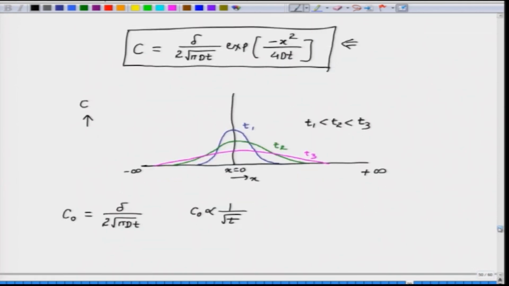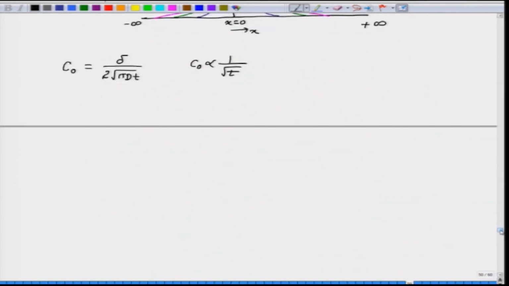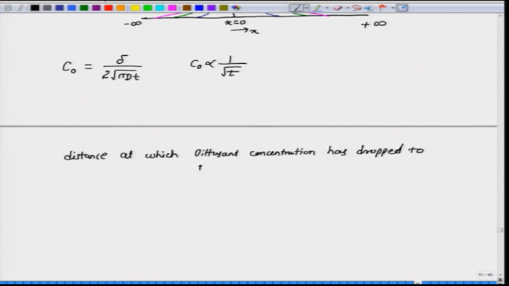Also, if we try to find the distance at which diffusant concentration has dropped to 1 by e times the peak value.